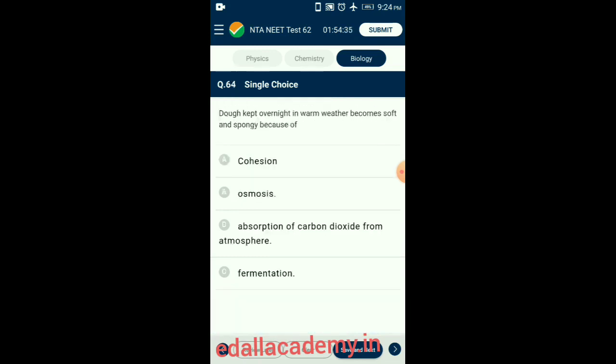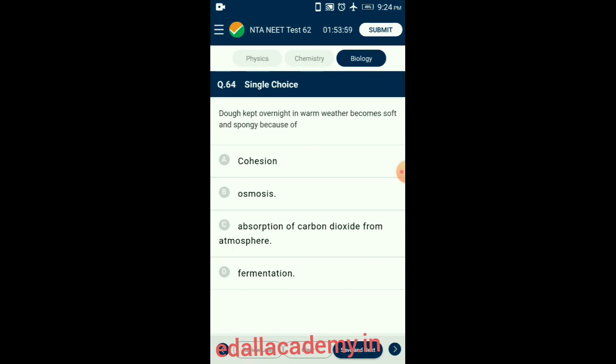Question number 64. Dough kept overnight in warm weather becomes soft and spongy because of. Bread is prepared from the dough fermented using baker's yeast, that is Saccharomyces cerevisiae. The puffed up appearance of dough is due to the production of carbon dioxide during fermentation. Carbon dioxide gas along with ethyl alcohol evaporates during baking, making bread porous and soft.